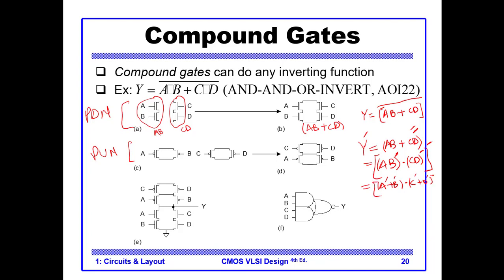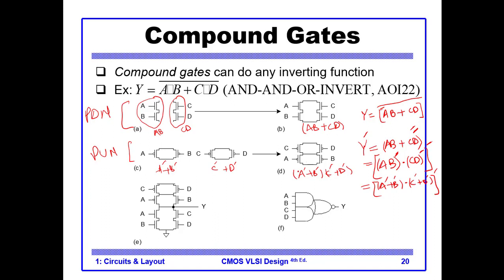This one is A bar plus B bar, this one is C bar plus D bar, and they are connected in series. So this is our pull up network.